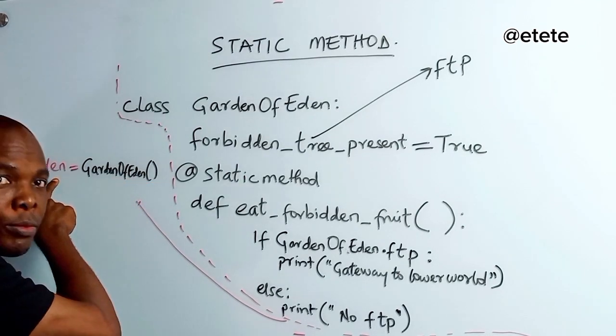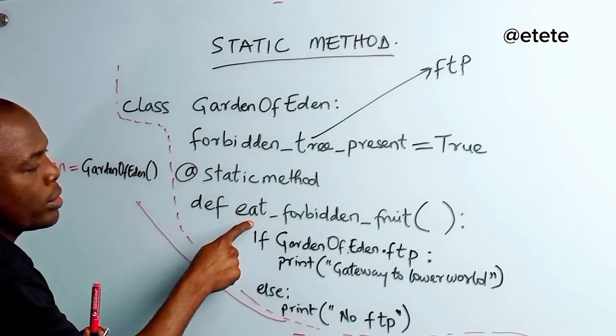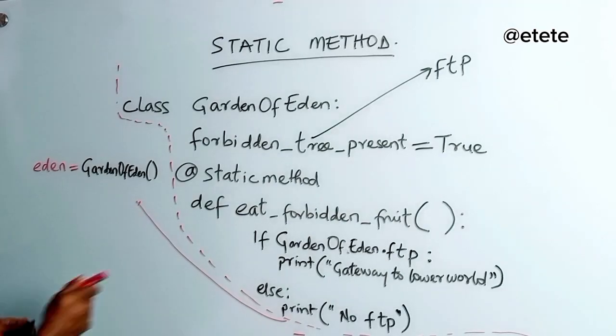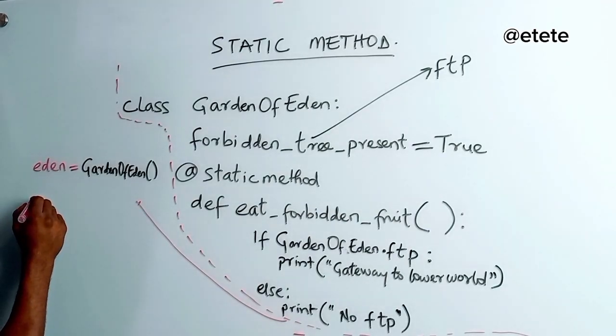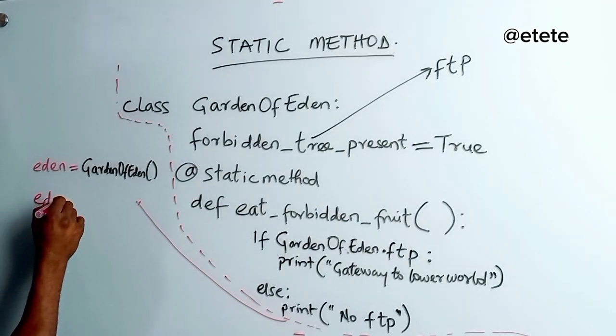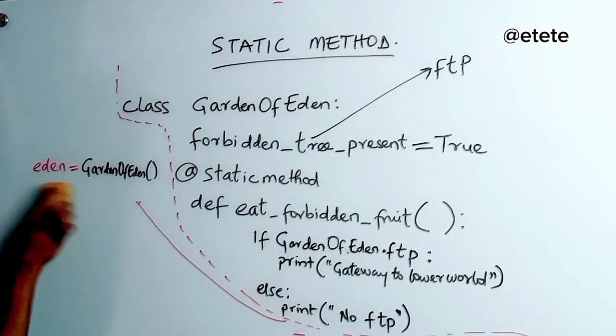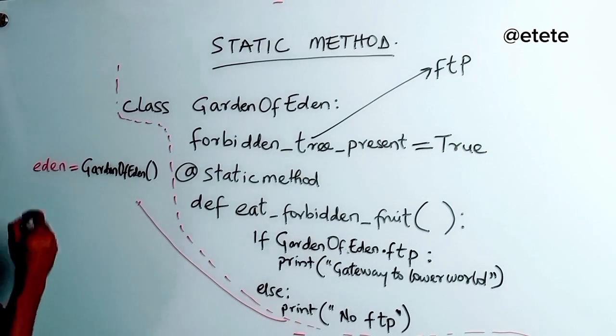Now I want to use this object to call this method, which is what? Eat forbidden fruit. So I'm going to use this to say Eden dot. I don't think this marker is bright.